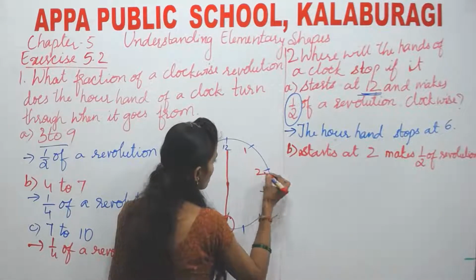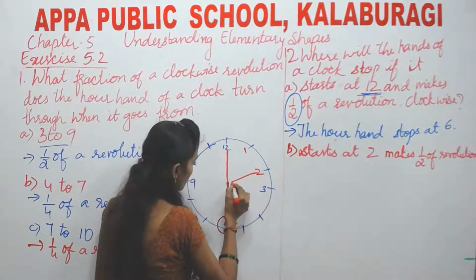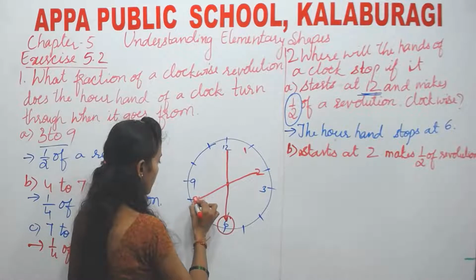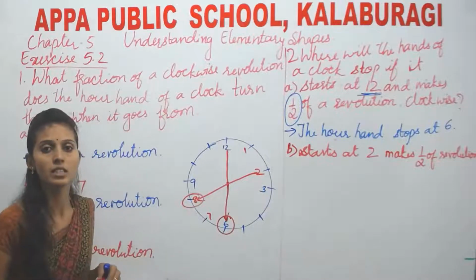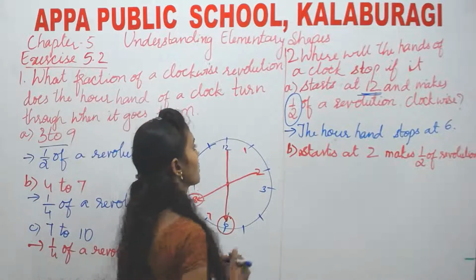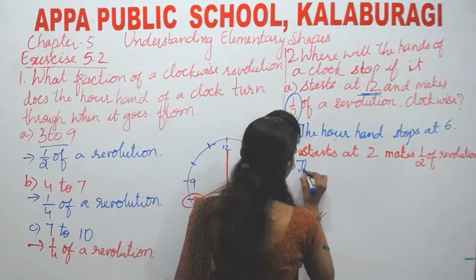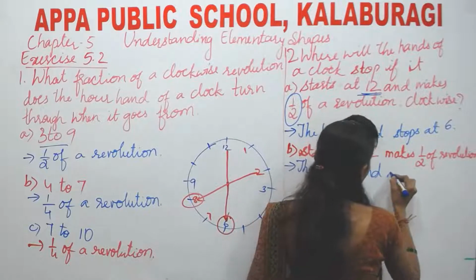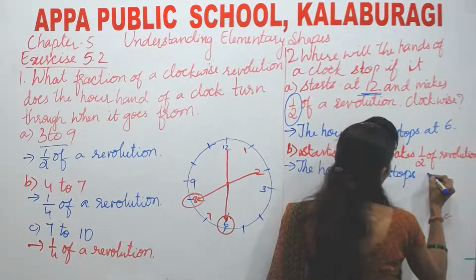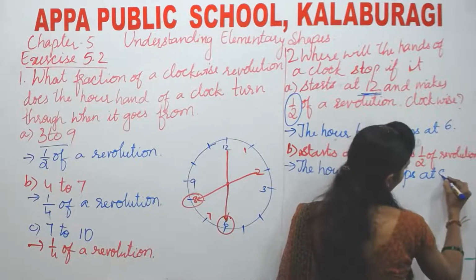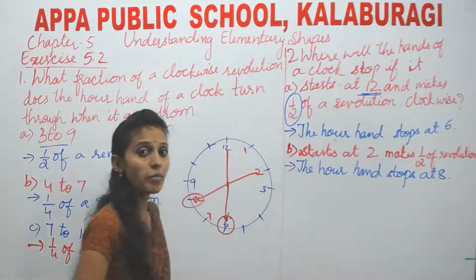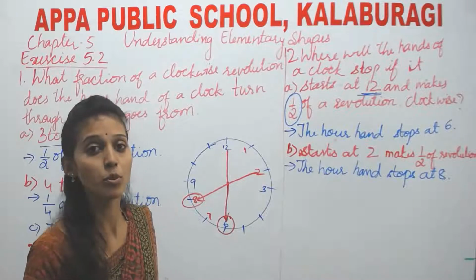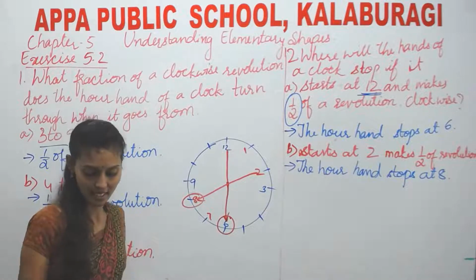This is 1, this is 2, and makes half of a revolution. What is this number? This is 6, this is 7, this is 8. Right? So therefore, the hour hand stops at 8. AM, PM, we don't know. Okay, they did not say is it anti-meridian or post-meridian, isn't it? Yes.